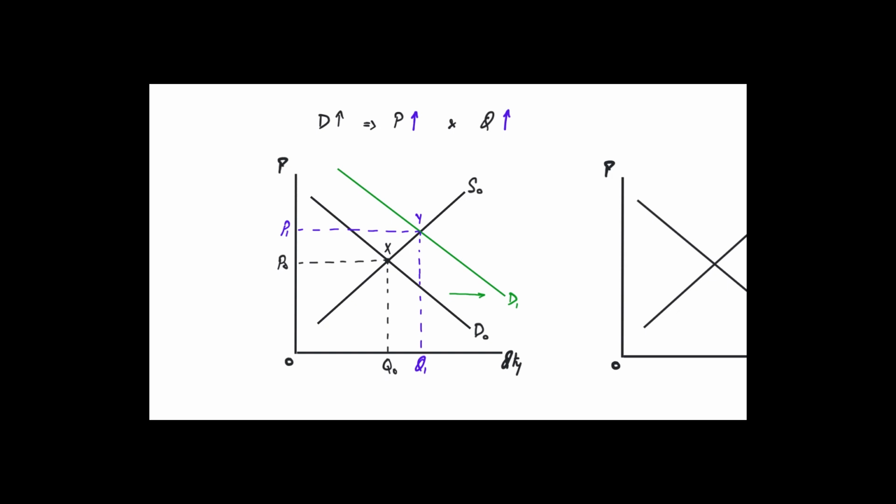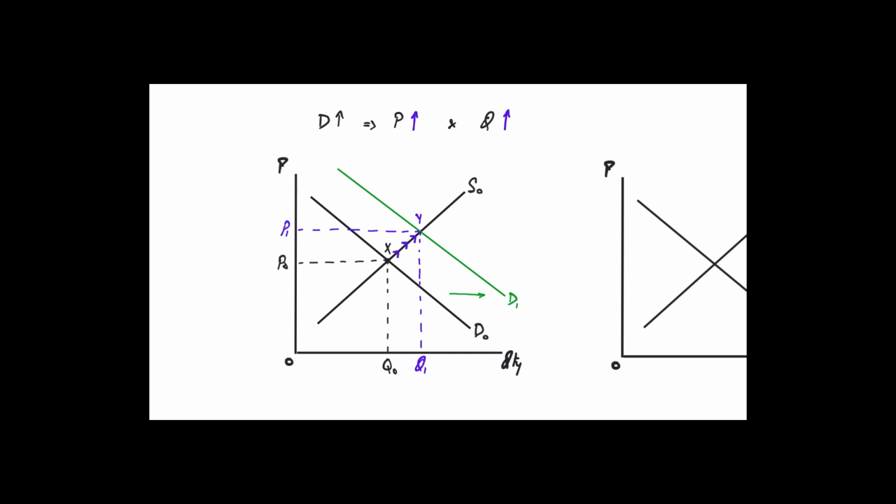When I say there is an increase in demand, and not quantity demanded, that means the demand curve has shifted to the right. When I say there is an increase in quantity supplied, that means there is a movement along the supply curve. There's an upward movement along the supply curve.